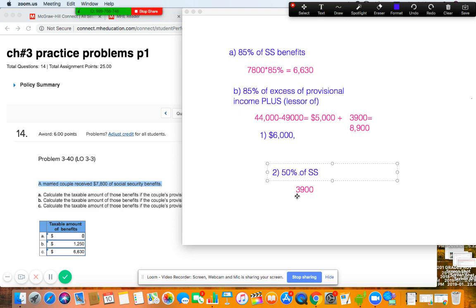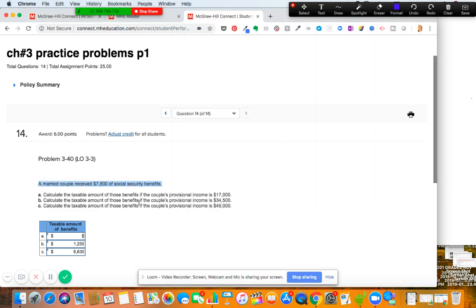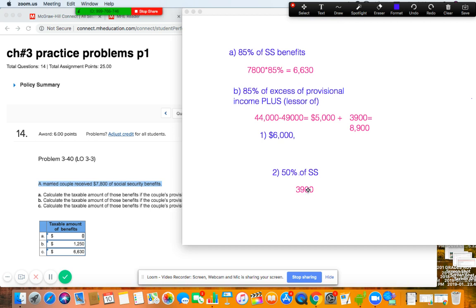We can start down here. 50% of Social Security benefits is $7,800 times 50%, which is $3,900. Which is smaller, $3,900 or $6,000? $3,900, right?